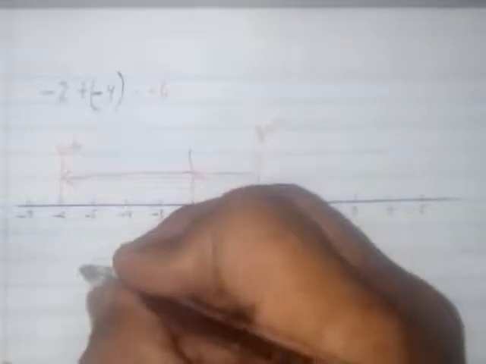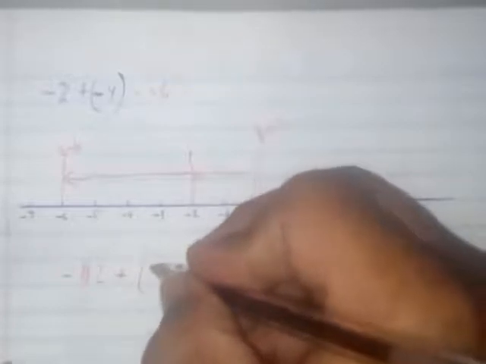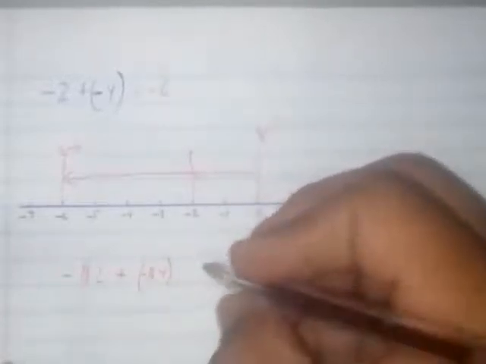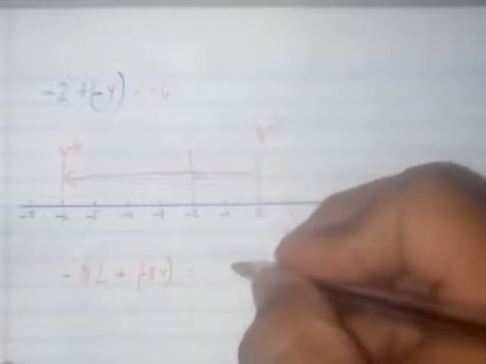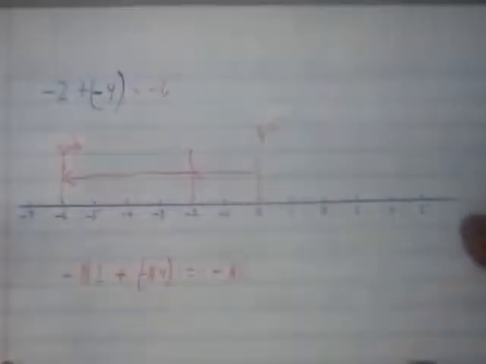Consider that you lost $2. So there's a $2 loss, and then you lost another $4. Then you would have lost a total of $6.